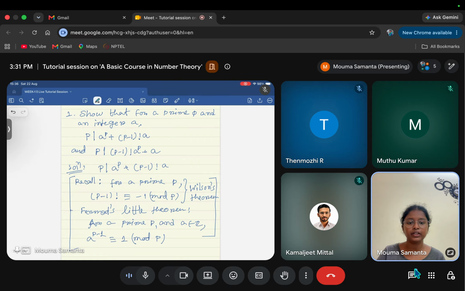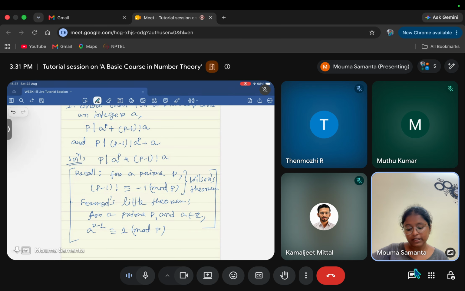So can anyone tell me how we should proceed? It is asking to show p divides a power p plus p minus 1 factorial times a.